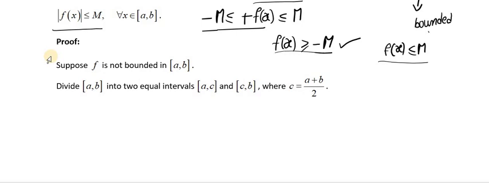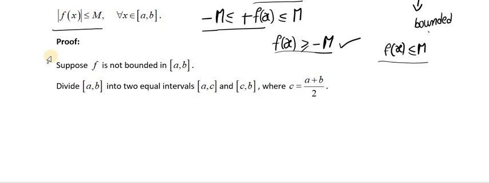The correct one is f is bounded in closed interval a comma b. That means when we consider a function which is defined on closed interval a comma b and also continuous, then it is bounded. Every continuous function defined on the closed interval is bounded.